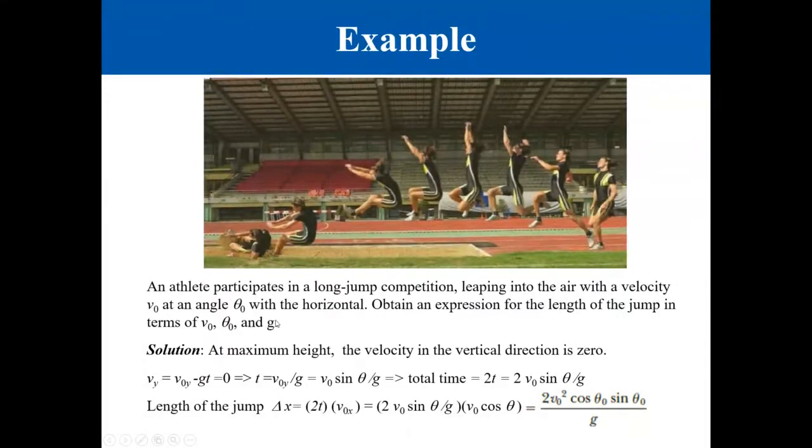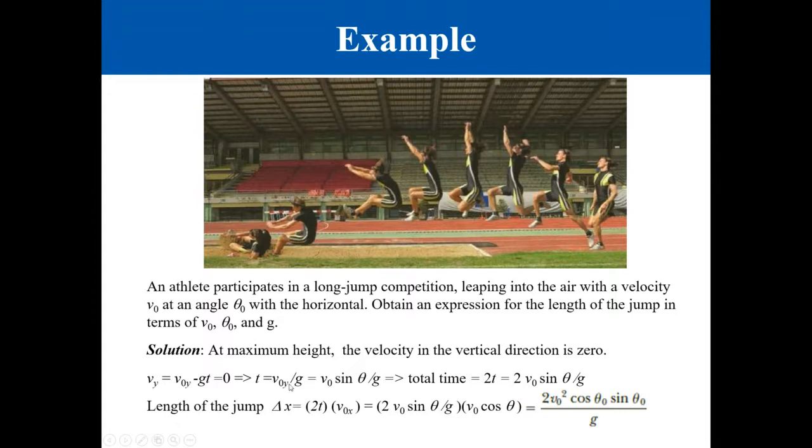So again, we make use of what we learned. At maximum height, the velocity in the vertical direction is 0. So if you use the kinematic equation, V final equals V initial plus a t, V final is 0, equals V initial minus g t. So from here you can solve for t.